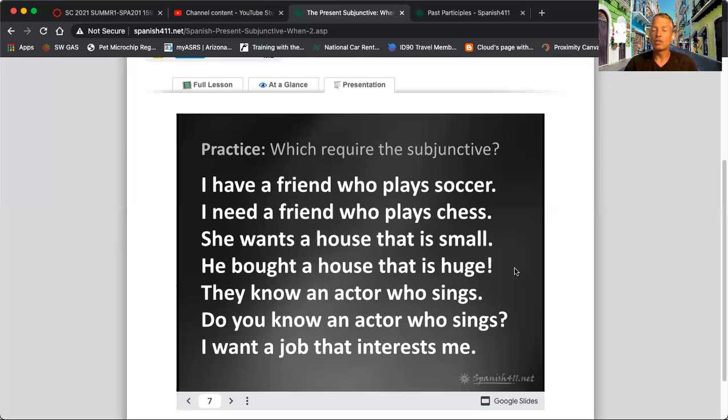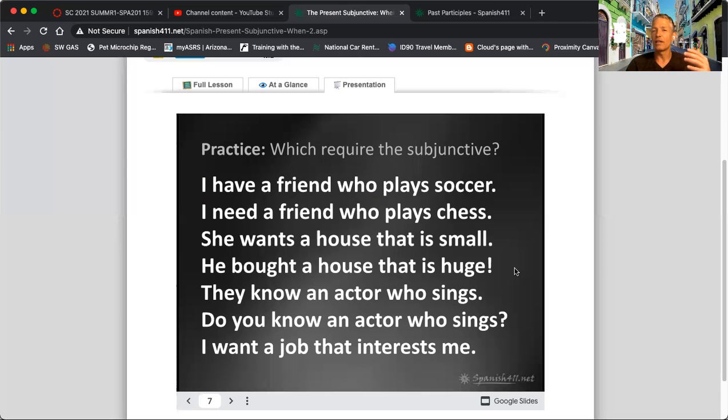I want a job that interests me. Subjunctive or not? Well, you're referring to this job, right? Does this job exist? No, it does not, because I want a job. So subjunctive. Yo quiero un trabajo que me interese. Whenever you're doing anything with these adjective clauses, look for the wording in the first part of the sentence.